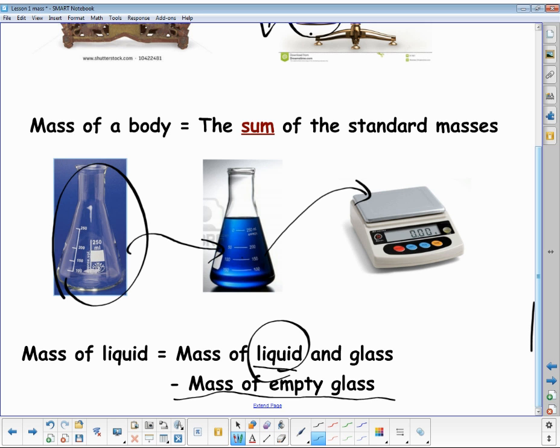Because oftentimes you don't need the mass of the container, you need the mass of the material that's inside the container. So you'd have to do some subtraction. So if you're measuring any liquids at your stations, you need to think about subtracting the mass of the actual container, which means you probably need to know the mass of the empty container before you fill it with anything. That's always a good tip.